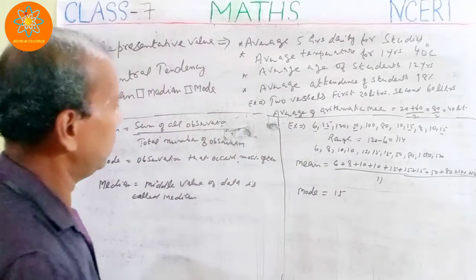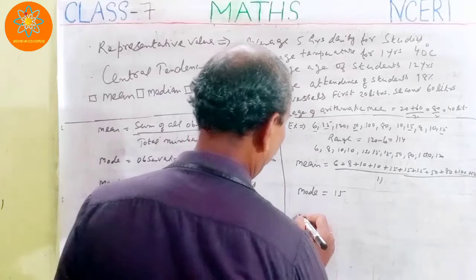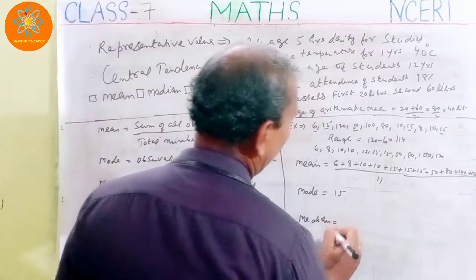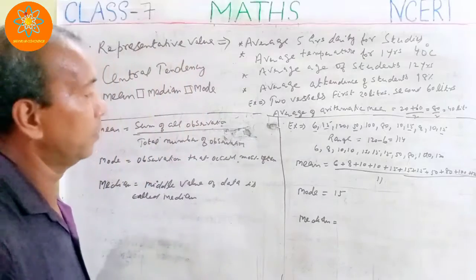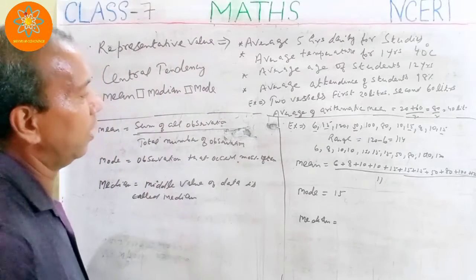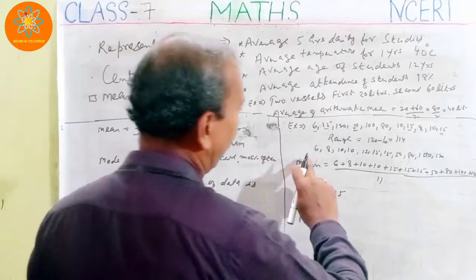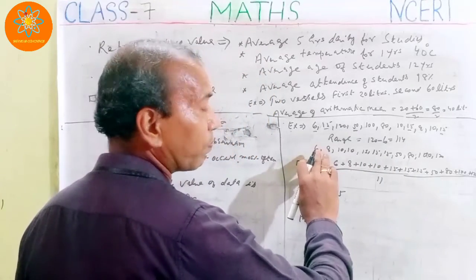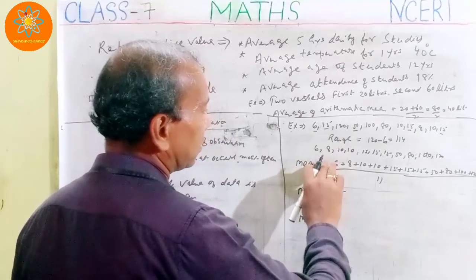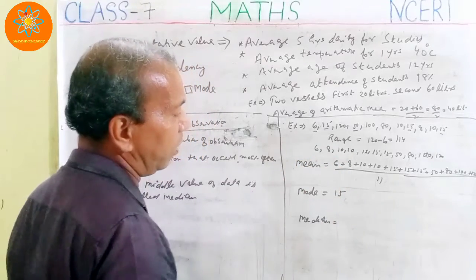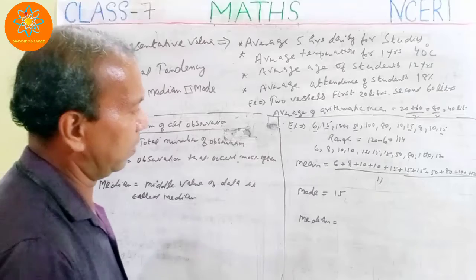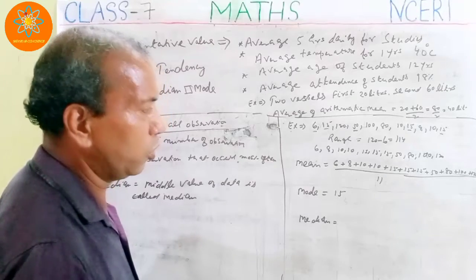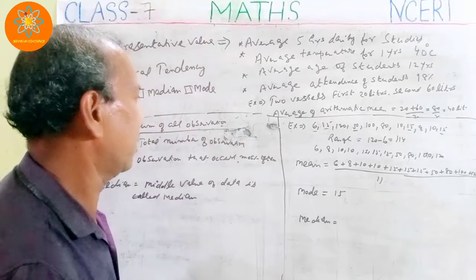Now the last one is median. Median means that value which is in the center. Total is 11, which is an odd number, so we put plus 1. So it is 12, 12 by 2, that is 6.